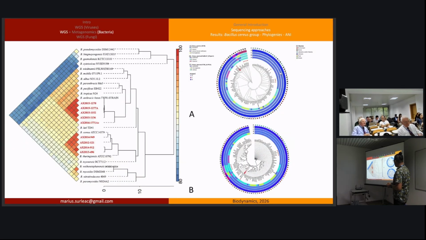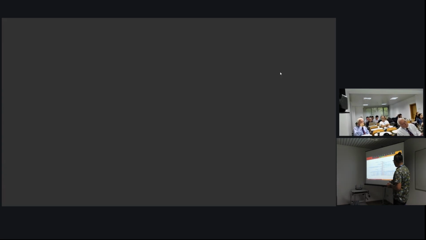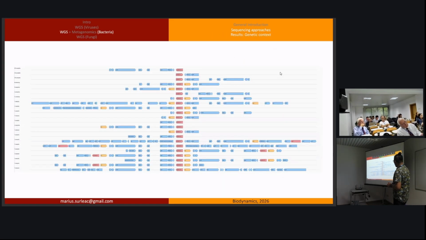We also analyzed Bacillus cereus group species, also for phylogenetics. And another approach, which is really important when looking into more detail at the genes in the genome, is the context.